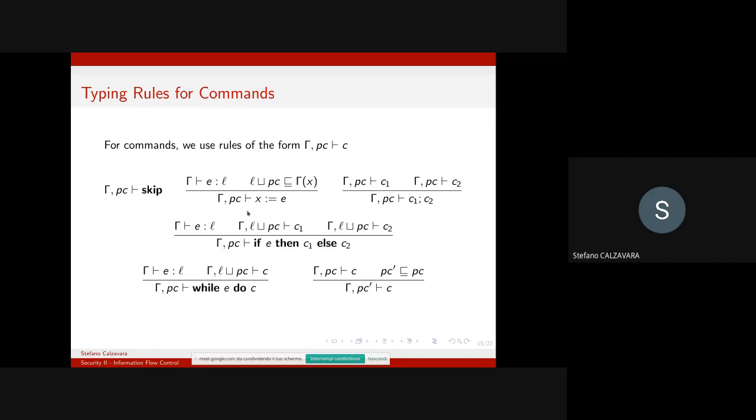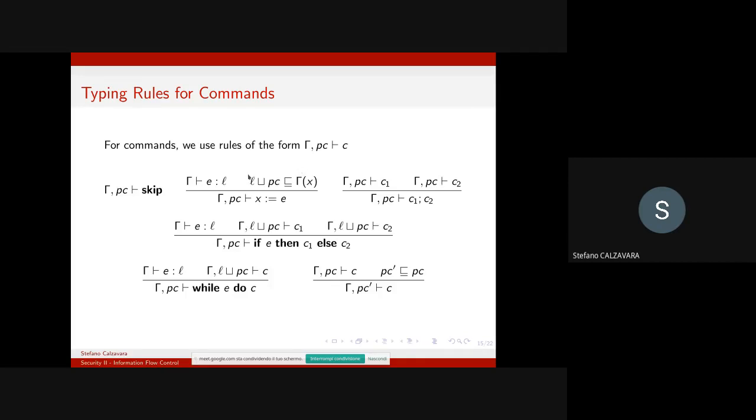So this rule works as follows. If I want to type check an assignment, so storing the content of expression E inside the variable X, what I do is I first type check the expression E, and this should have level L. And then I want that L is less or equal than the label of the variable X. And this is needed to avoid that you store confidential information inside a public variable, of course.